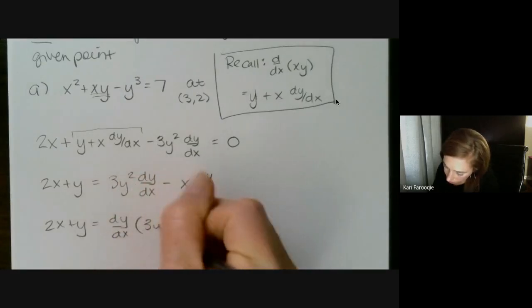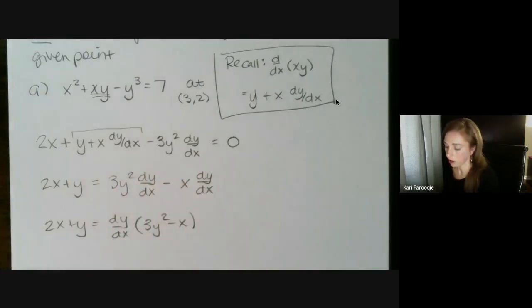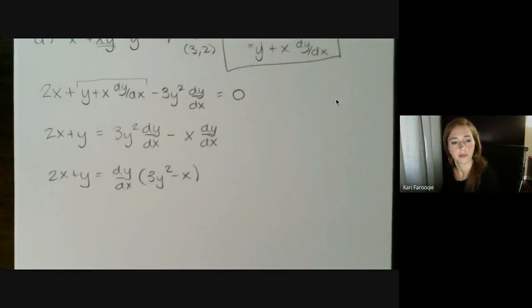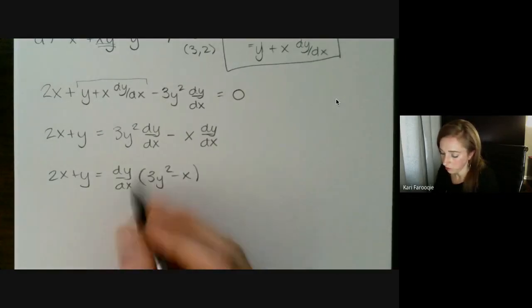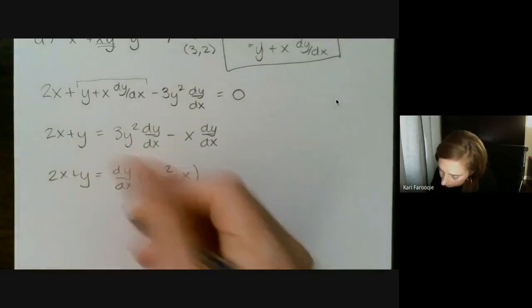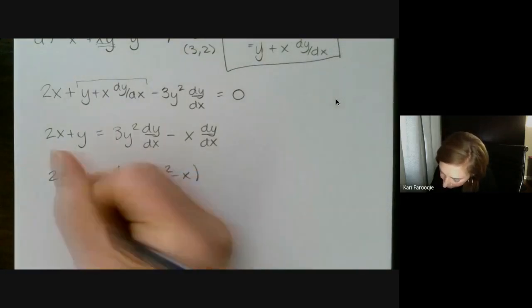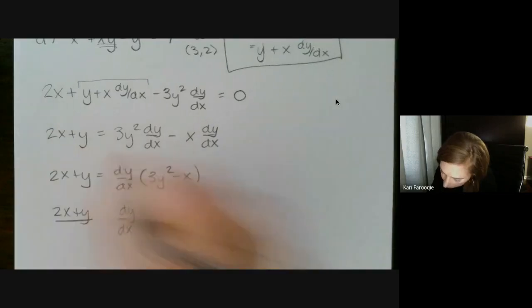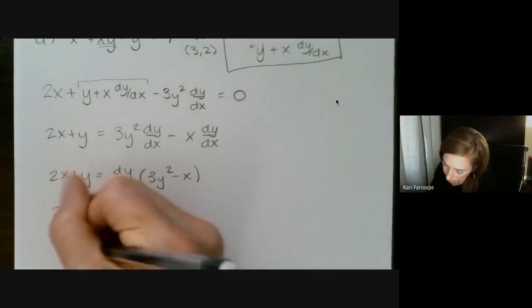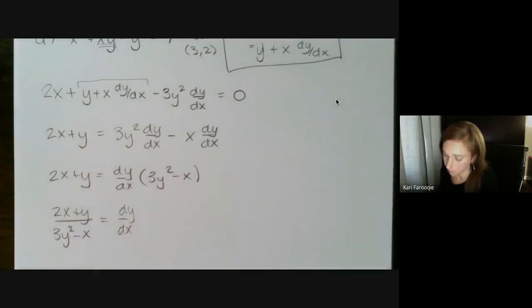That leaves me with 3y squared minus x. And then we'll divide both sides by the factor of dy dx. And we'll get 2x plus y divided by 3y squared minus x.